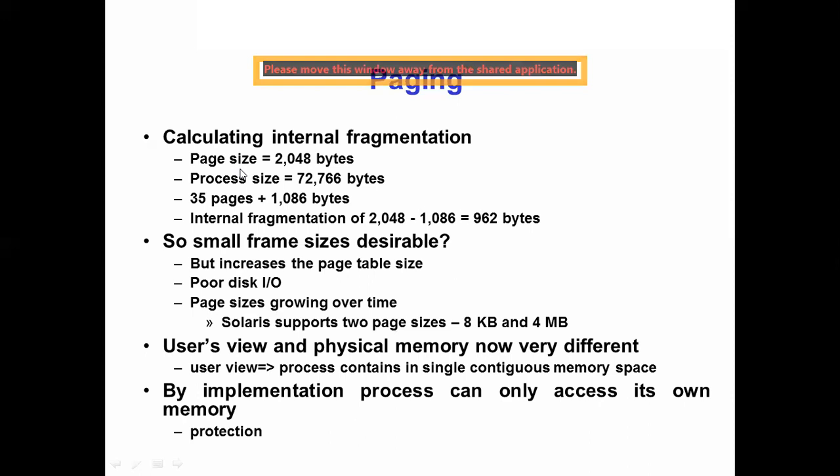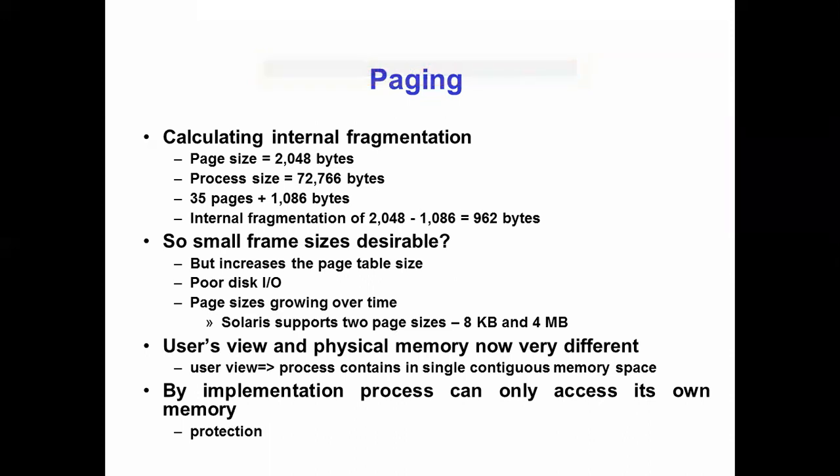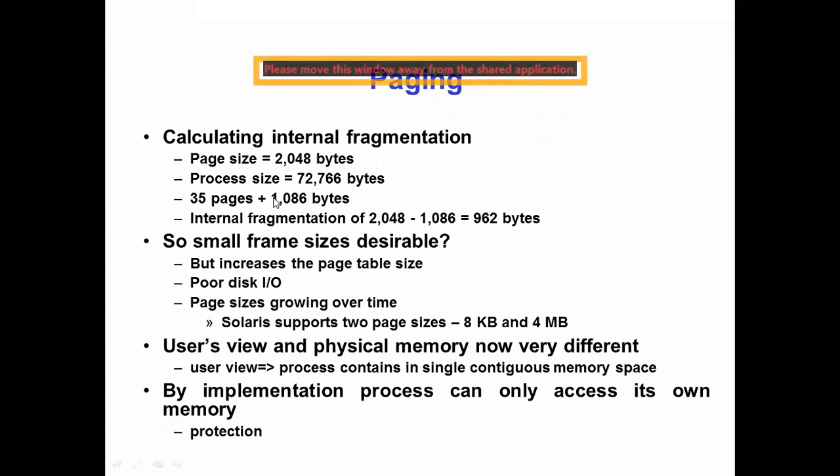So suppose we know the page size. We are assuming that the page size is 2048 bytes, and the process size, that is your program size, is 72,766 bytes. Then how many pages are we getting here?